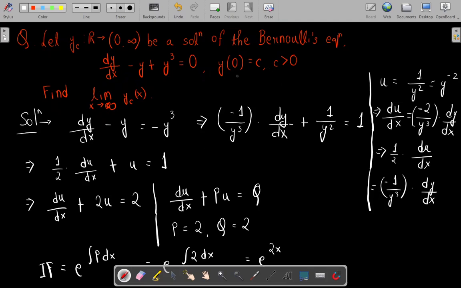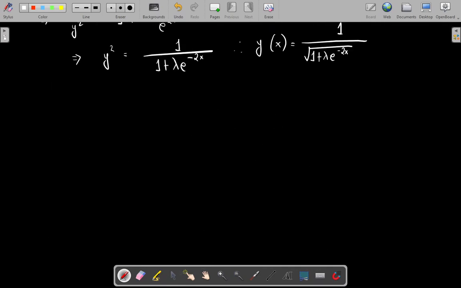Initial condition given is y(0) is equal to c, where c is a positive real number. So using y(0) equal to c, this implies that when x is 0, value of y is c.